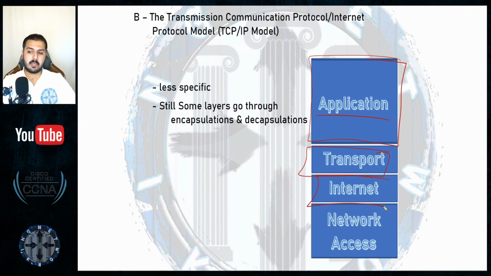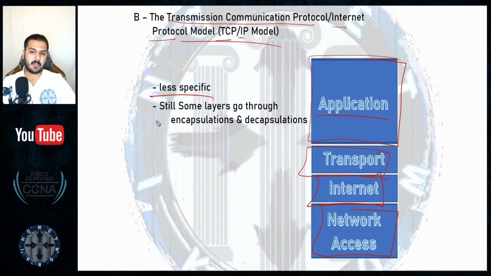Layer 3 became the internet, and layers 1 and 2 both became the network access, because you will need the cable, you will need the router, you will need the physical address of the routers on both ends with that cable to access the network. So let's make them network access. So that would be the TCP IP, transmission control protocol over internet protocol, TCP over IP model.